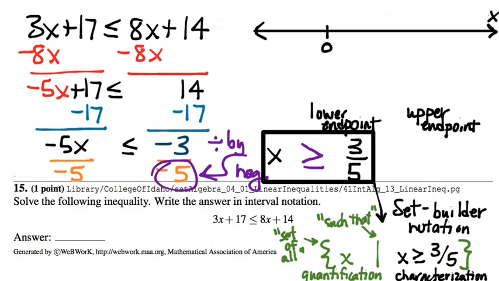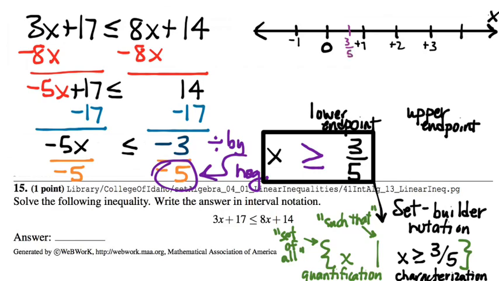So here on a number line, maybe I'll just put some numbers: -1, 0, 1, 2, 3, 4, and so forth. 3/5 is in between 0 and 1, so I'm just going to mark that right here, 3/5.